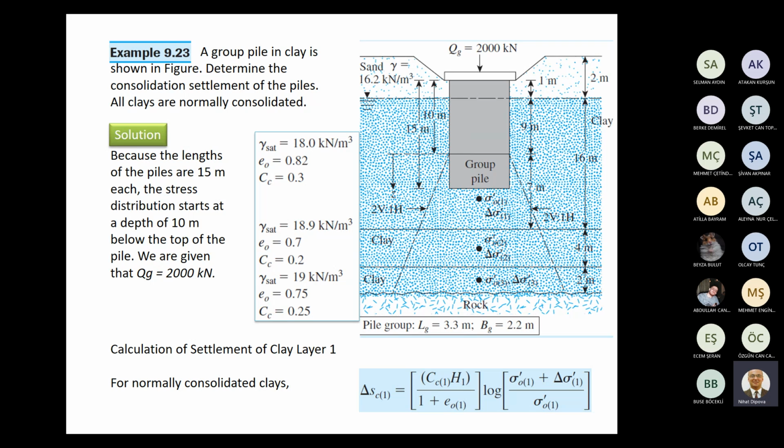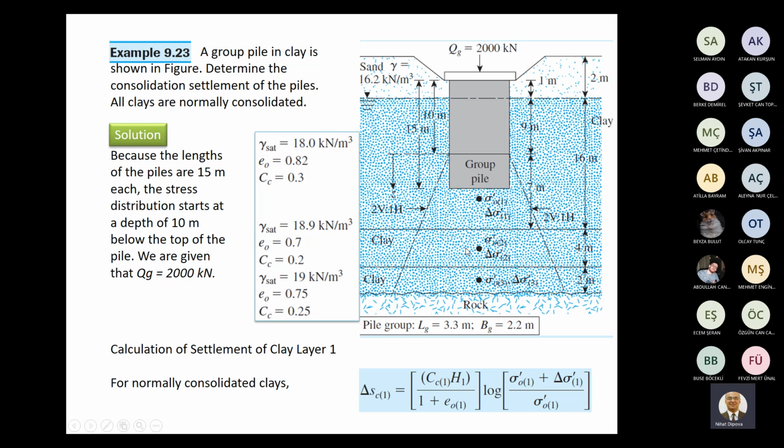Let us start to calculate. We will use this equation for normally consolidated clays. So we need C sub C and e0 there, and compressible layer thickness. All are given in this table, and we need effective stress and stress increase for mid layer of every clay layer, and we'll use them here.